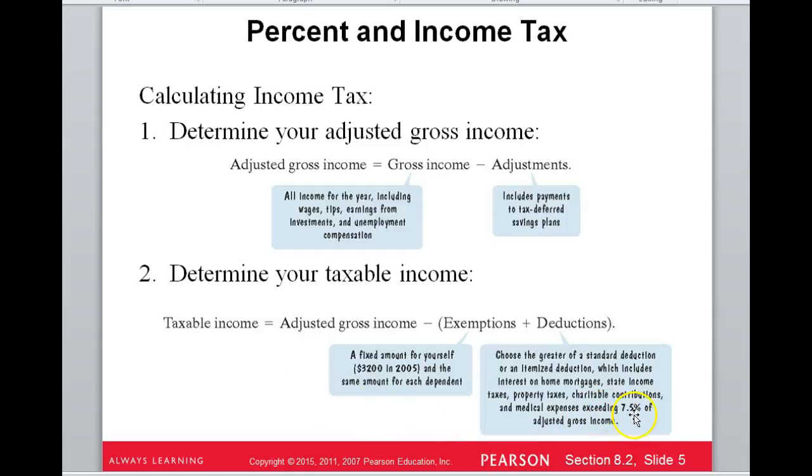The standard deduction typically is a percentage of your adjusted gross income, and if your itemized deductions are beyond that, then it pays to itemize, but if not, then you get the standard deduction which comes out.